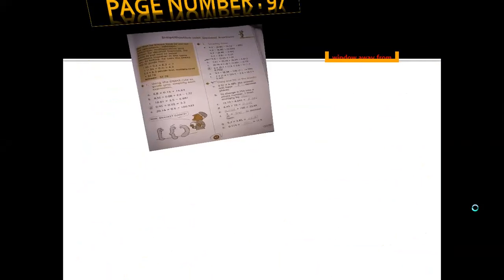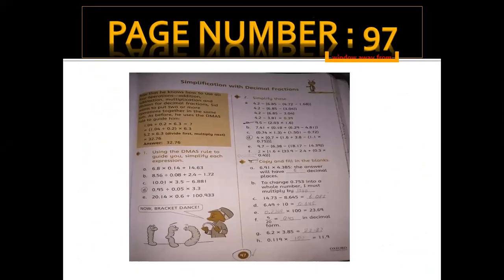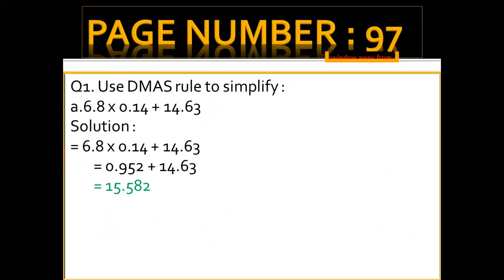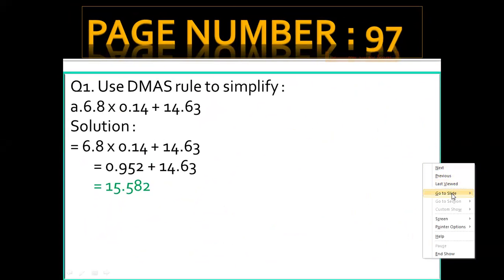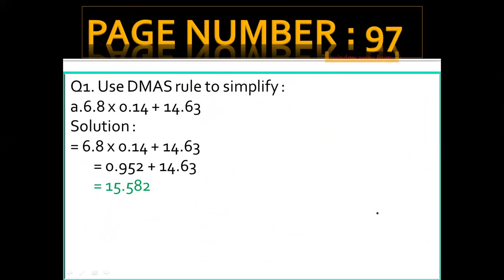Now come to page 97. On page 97, there are 3 questions and all the questions are included in our scheme. Question 1, again the question 1 is the same, the DMAS rule. We did this method in the previous midterm and also on page 82.